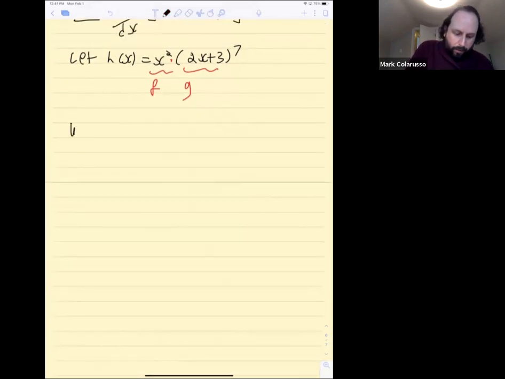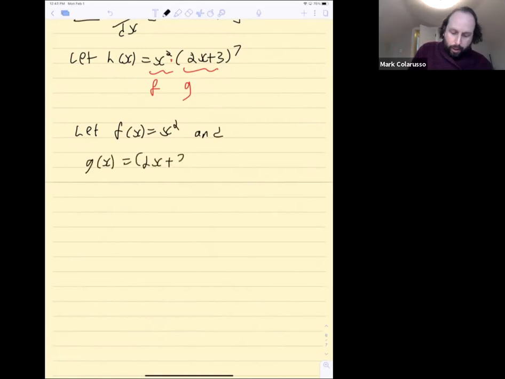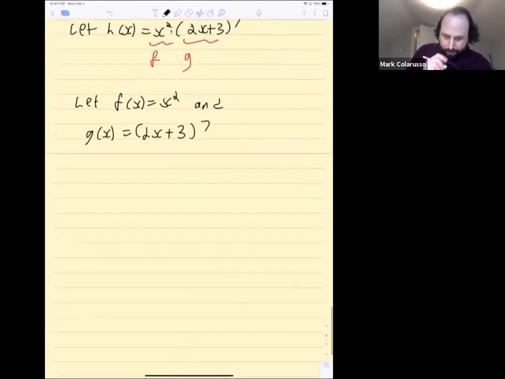So first, let f at x equal x squared, and g at x equal (2x plus 3) to the 7th power.